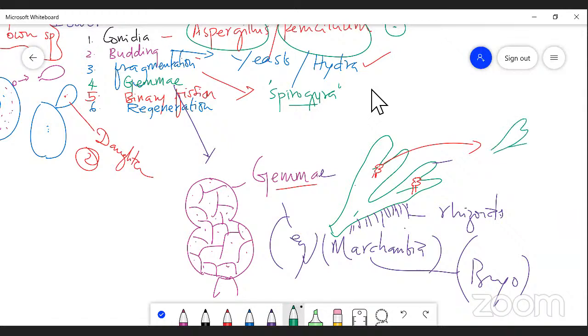This is one of the ways of producing a new organism. This is one of the asexual methods of reproduction, right?